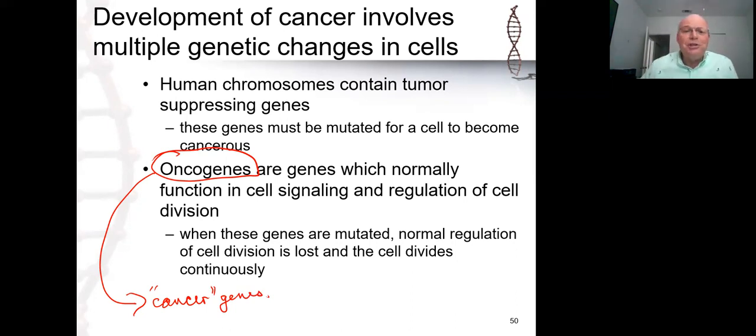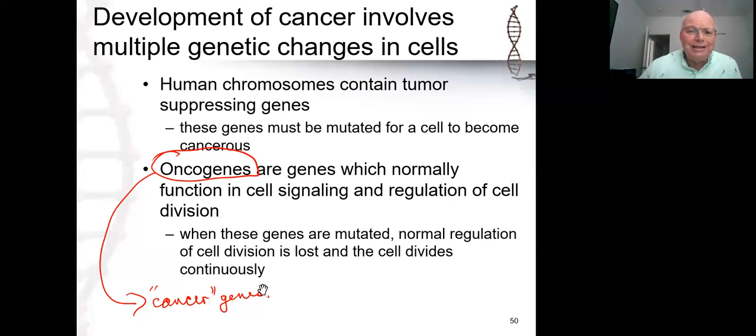There are actually no genes in our genome whose job it is to make us sick. All genes have a normal role, and all of these genes are involved in telling cells whether it's appropriate to divide or not. They're involved, as growth factors, in signaling whether it's appropriate for the cells to divide or not.